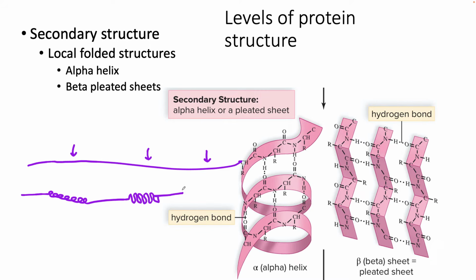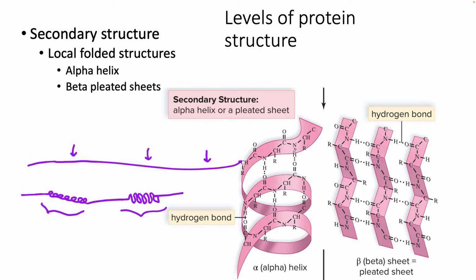That's secondary structure. So it's not the whole thing folded up, but it's just this area and this area are folded up. And it folds into two different types of structures. An alpha helix, which almost looks like an old school telephone cord, right? And a beta pleated sheet.